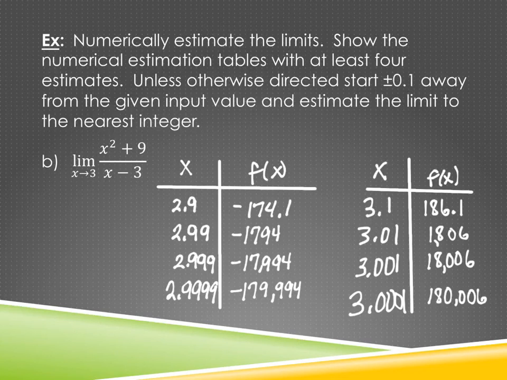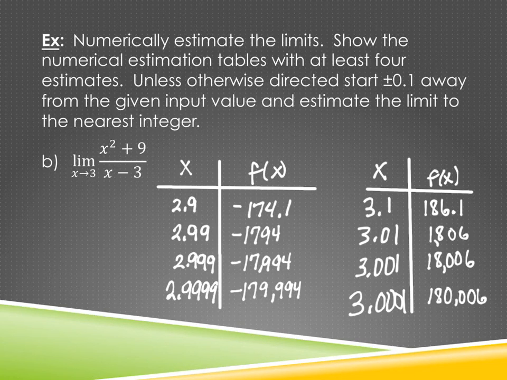Okay, so what happens as we go down these tables? That one decreases, the left side decreases, and the right side increases. All right, so first thing you might notice is the numbers don't seem to be getting close to the same thing. For one issue, one's positive, the other's negative, right?